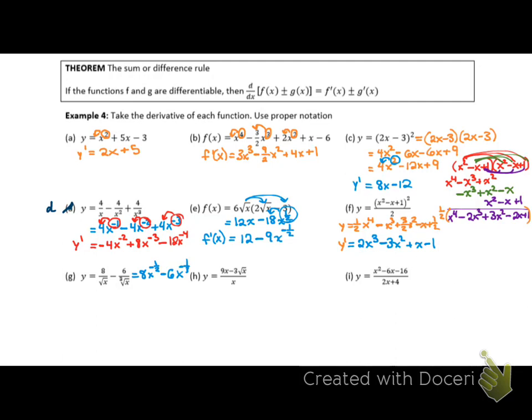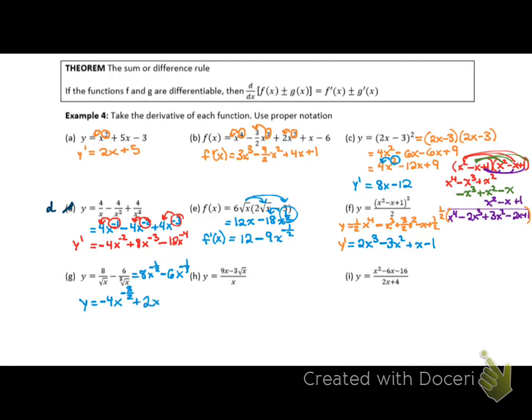Now we take the derivative. So negative 1/2 times 8 is negative 4. We subtract 1 from negative 1/2, which is negative 3 halves. Negative 1/3 times 6 is negative 2, so positive 2, because 6 divided by 3 is 2.